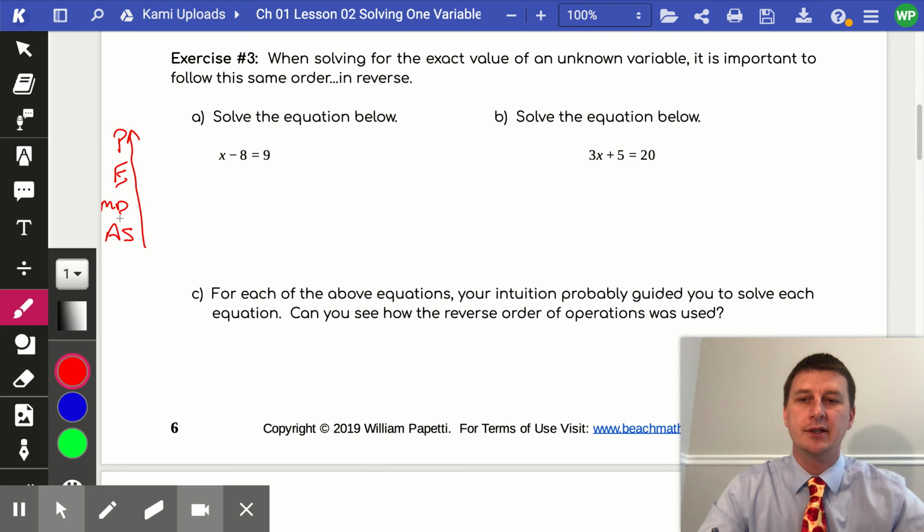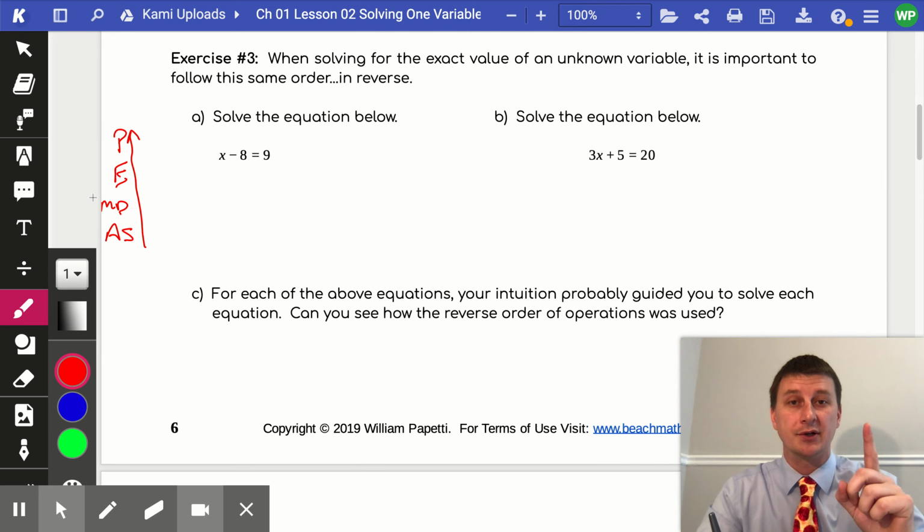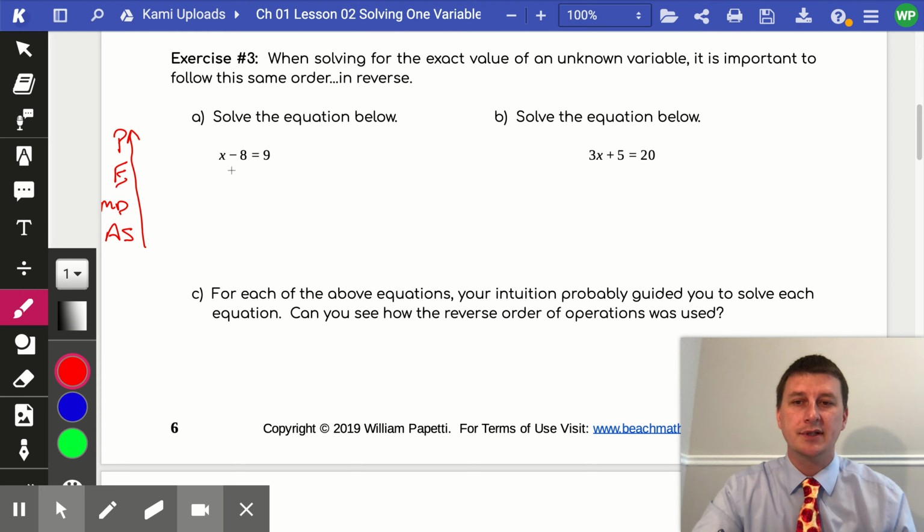And we're going to look for addition or subtraction first. Do you see addition or subtraction in this part of the equation? And you should say, yes, you see subtraction. So what you're going to do is the opposite or the inverse operation of that, subtracting 8 to undo it. And the inverse of minus 8 is plus 8.